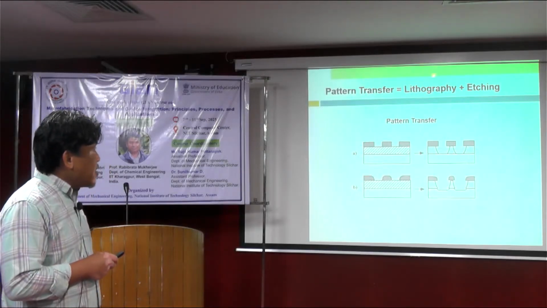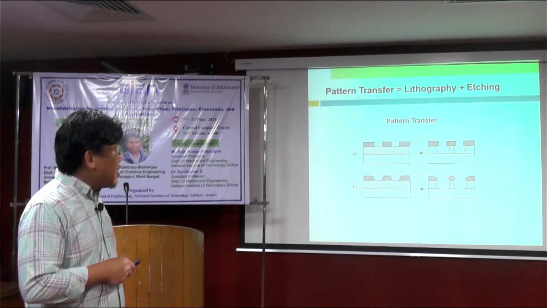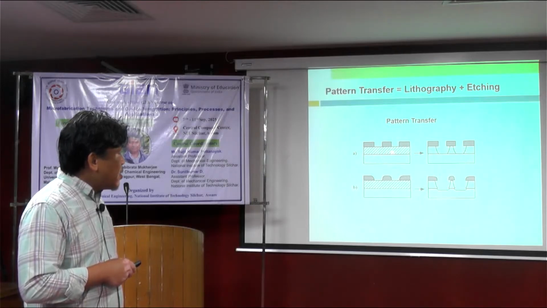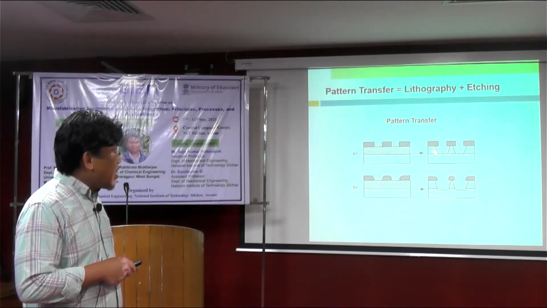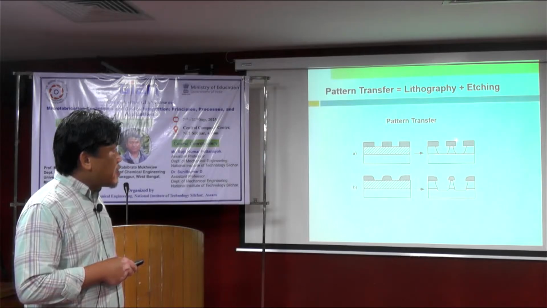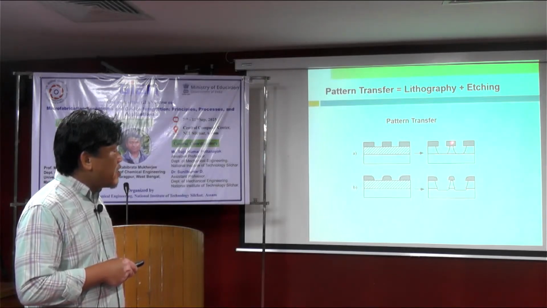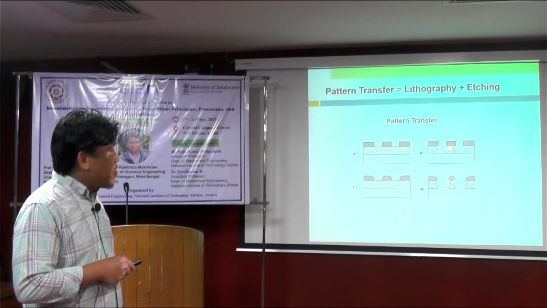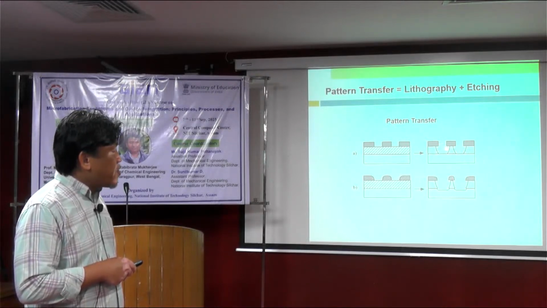So pattern transfer, lithography plus etching. Normally we have lithography to form this kind of pattern. Then this is the undercut that we have shown before. You see that the intended size of the structure here is as this mask, but due to undercut of wet etching, you have a smaller structure formed here, and the material has been removed because of the isotropic process.